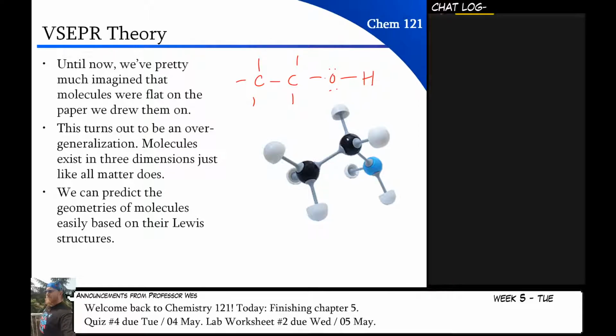Now, it turns out that you can predict the geometry of a molecule very easily based on whatever structure you draw for the Lewis structure. The number of things that are connected to your atoms is going to influence the shape that you draw. If you have 3 other atoms connected, if you have 2 other atoms connected, or 4 other atoms connected, you're going to get different shapes. And there's a very reasonable way to predict why that will happen.